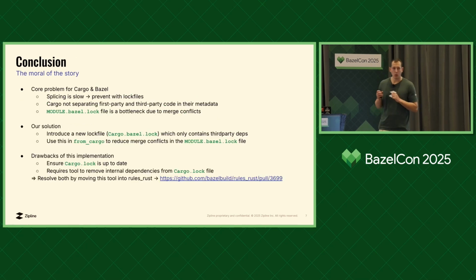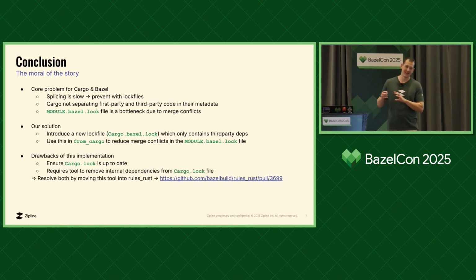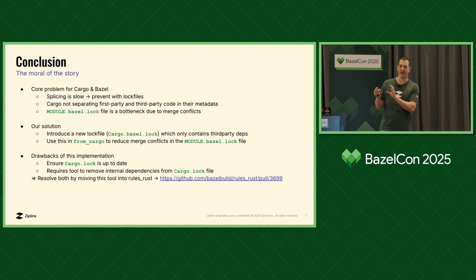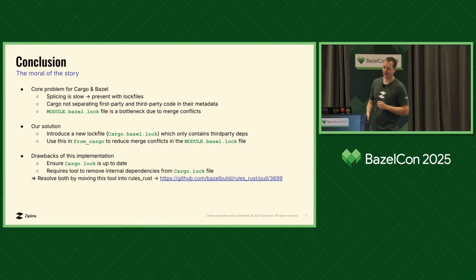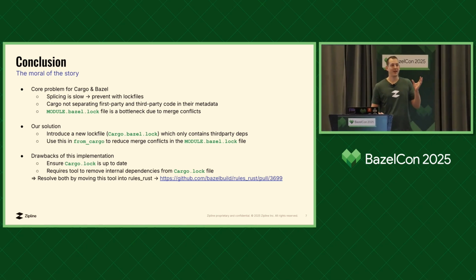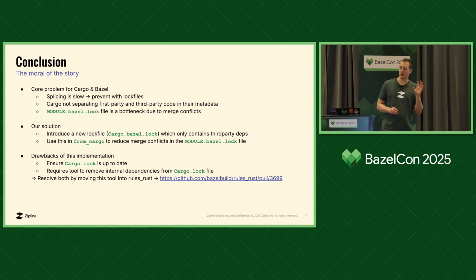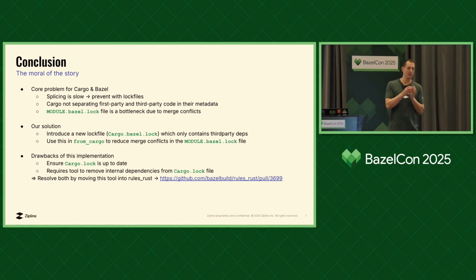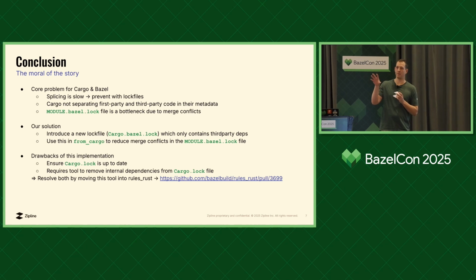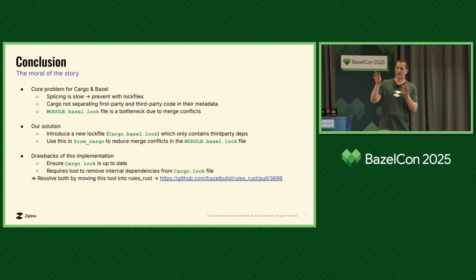With that, I want to wrap up because we ended quite far away from where we actually started, so just to repeat that for everyone again. Cargo splicing was the annoying part that we wanted to solve. We wanted to solve that by storing the output of cargo splicing in the module.bazel.lock file. But since the cargo.lock file is changing so frequently, and this SHA is part of the module.bazel.lock file, this was a source of merge conflicts.